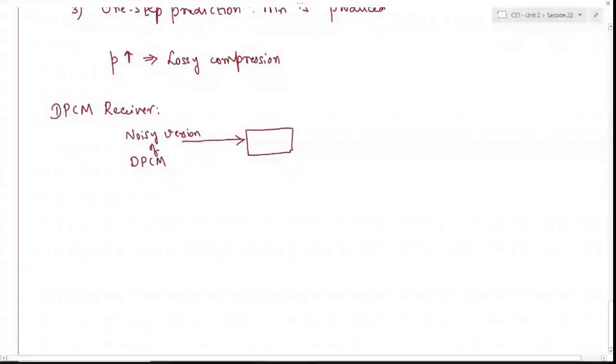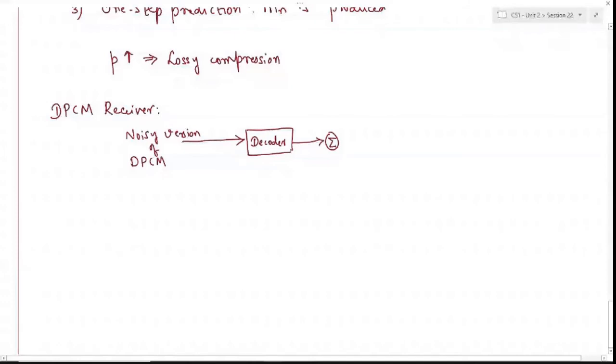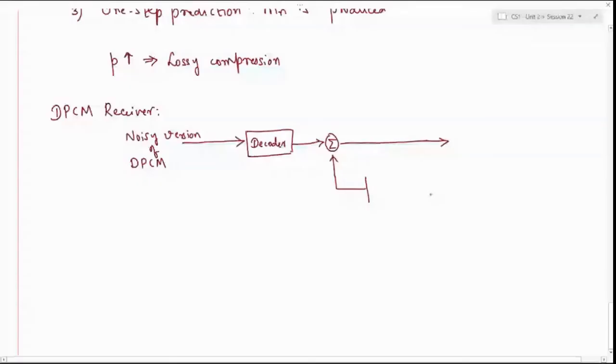That is the first step in the receiver part. Then you try to invert the linear predictor in the transmitter. Okay, so do the inverse operation, where the receiver also involves a linear predictor.